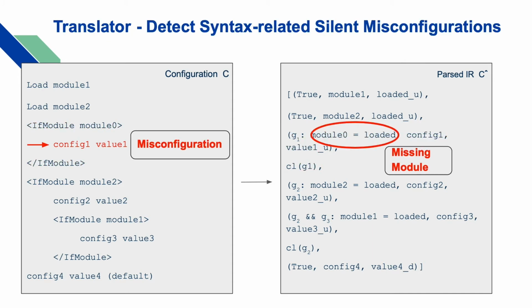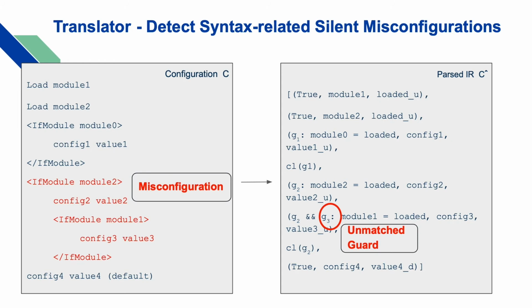In this case, we have detected this line, config1 value 1, as a silent misconfiguration, because the guard holding on this configuration 1 is module 0 equal to loaded. However, this module was never loaded before, making the guard on this configuration not valid. So we have detected a missing module here.